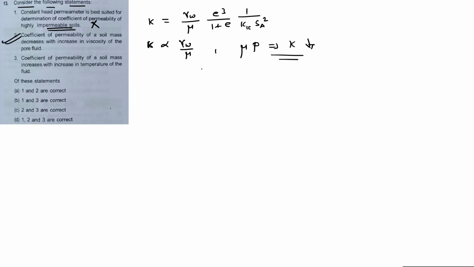As temperature of fluid increases, viscosity will decrease, and as viscosity decreases, permeability will increase. So as temperature increases, permeability will increase.